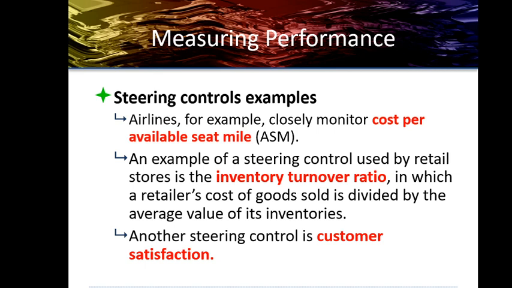When the plane takes off and some seats are available, which means they are not taken, this will add cost to the company, and it should be taken into consideration as a steering control in predicting the profit of the airline company. Of course this affects you: you take off with, say, 250 seats and only 50 seats are occupied. So we have 200 available seats, or let's say 100 seats, whatever. Then you have to take it into consideration as your steering control in predicting your profit as an airline.